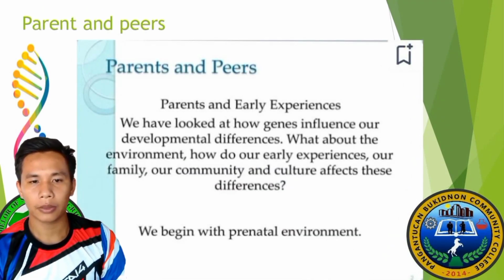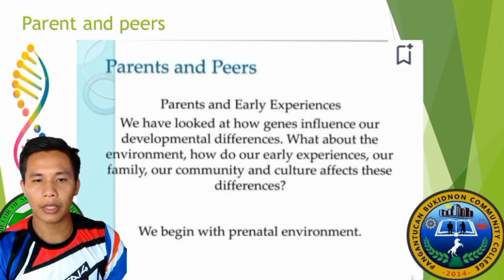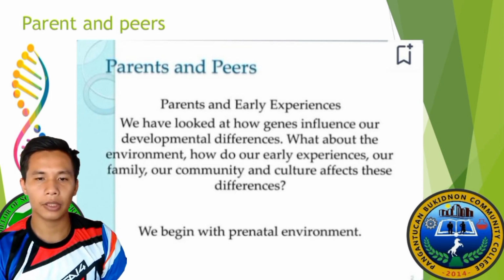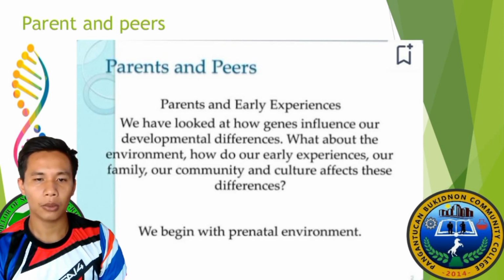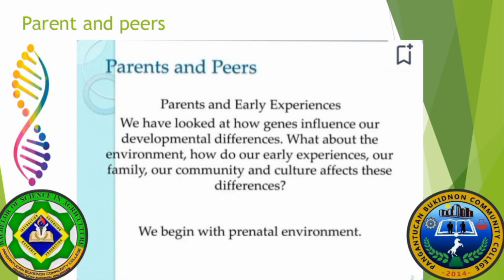Parents and peers, and early experience: we have looked at how genes influence our development differences. What about the environment? How do our early experience, our family, our community, and culture affect these differences?